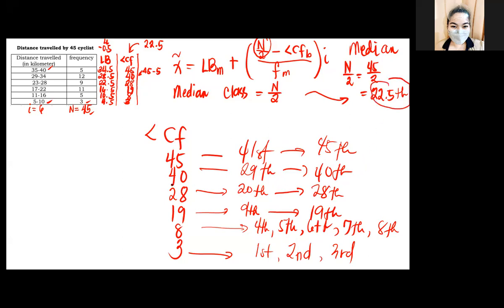Of course, nandito siya. Included siya dito. Dahil included siya dyan, kung ano yung class na merong CF na 28, which is ito, sulat ko, pakizoom nyo na lang. Yan po yung tinatawag natin na median class.